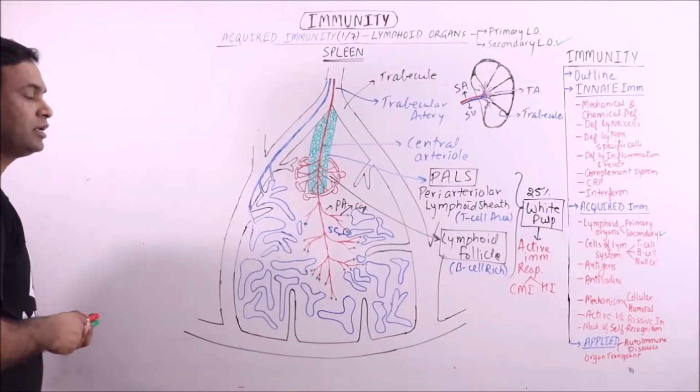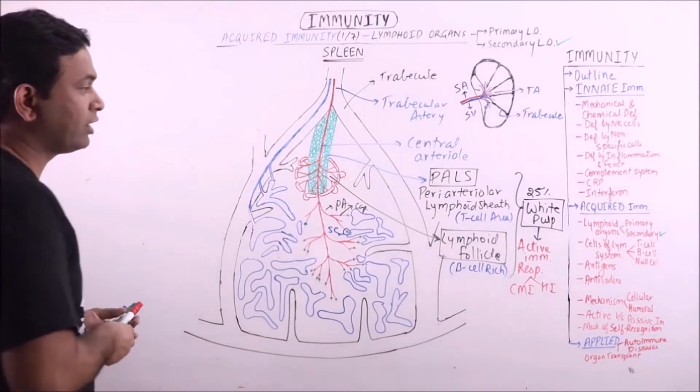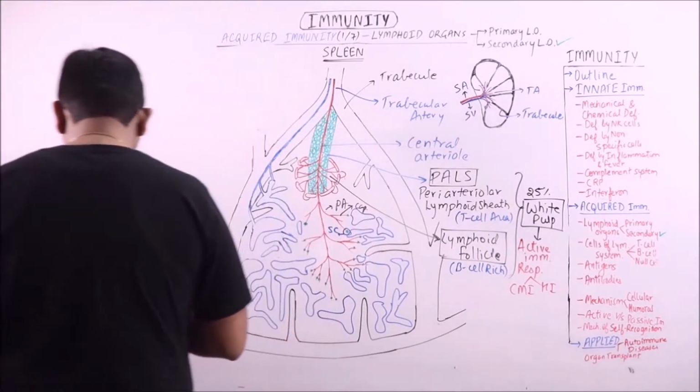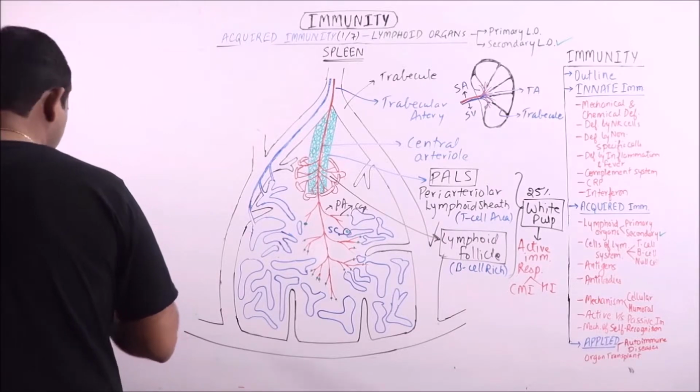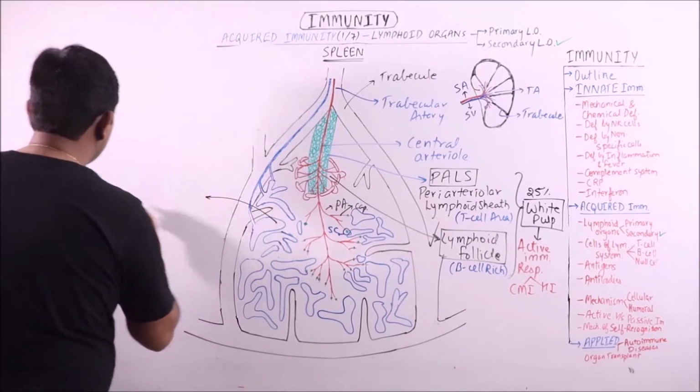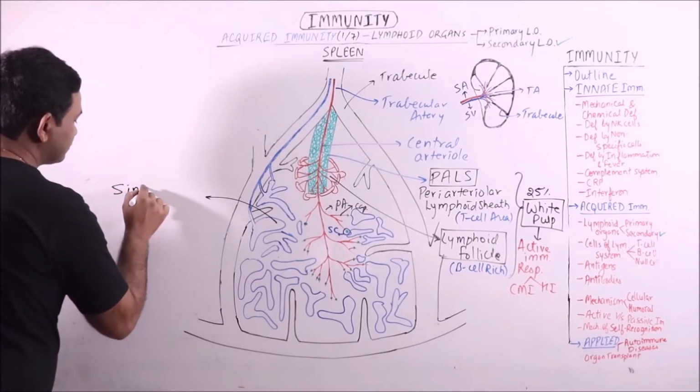The spleen is divisible into white pulp and red pulp. White pulp is 25%, while the rest of the compartment is made up of red pulp. Red pulp is represented by sinusoids.